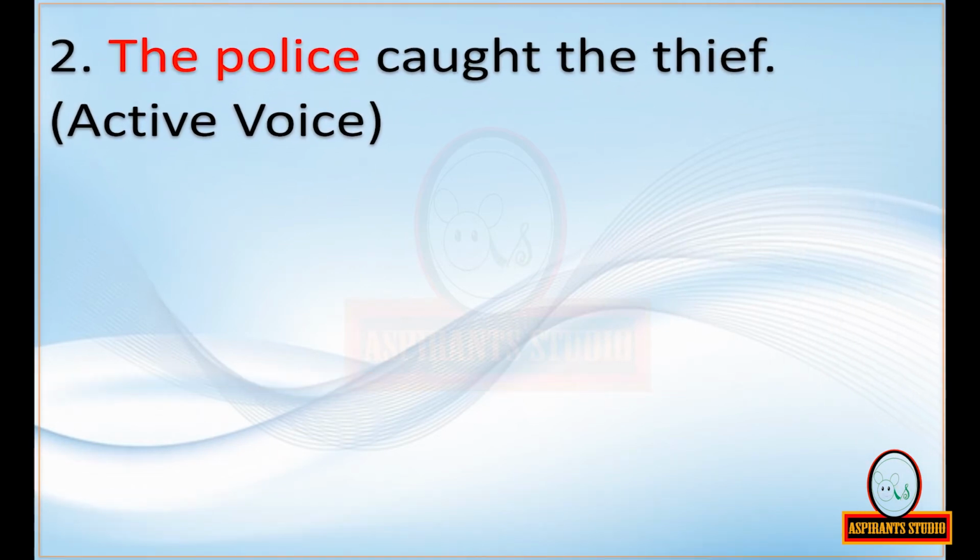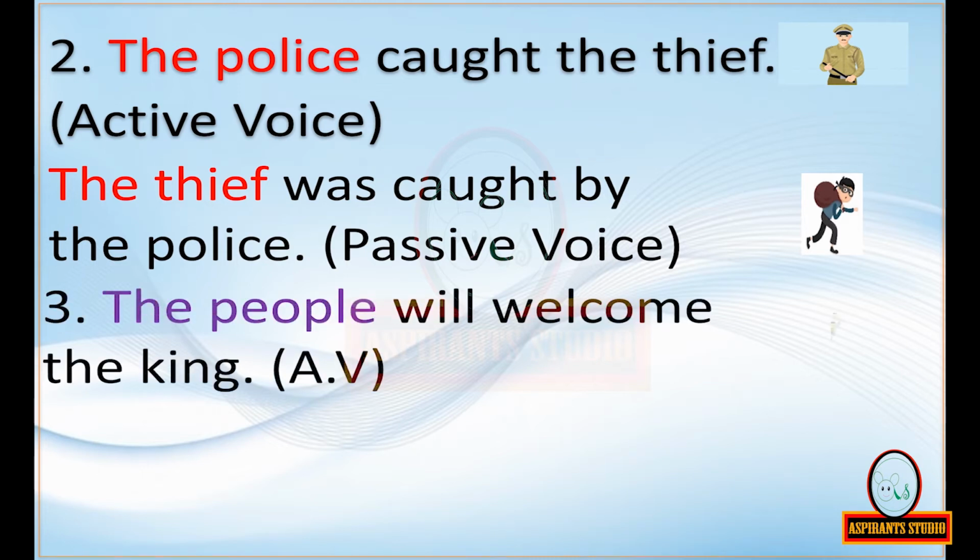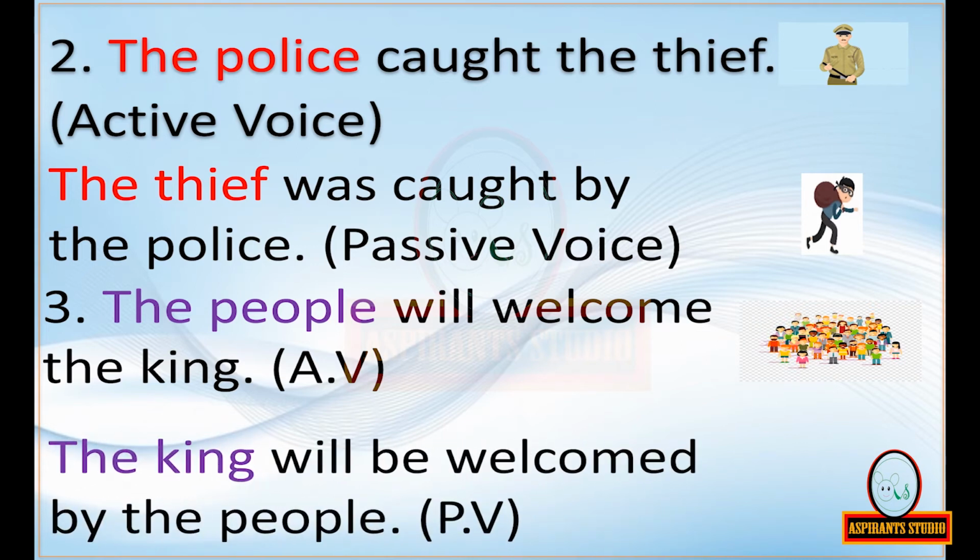The police caught the thief. Active voice. The thief was caught by the police. Passive voice. The people will welcome the king. Active voice. The king will be welcomed by the people. Passive voice.